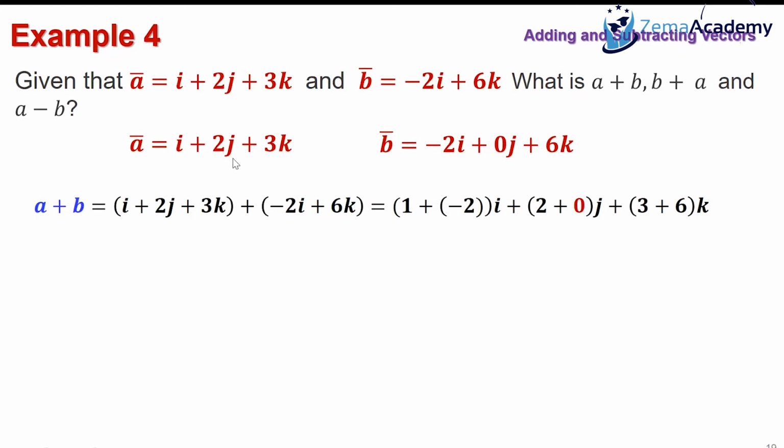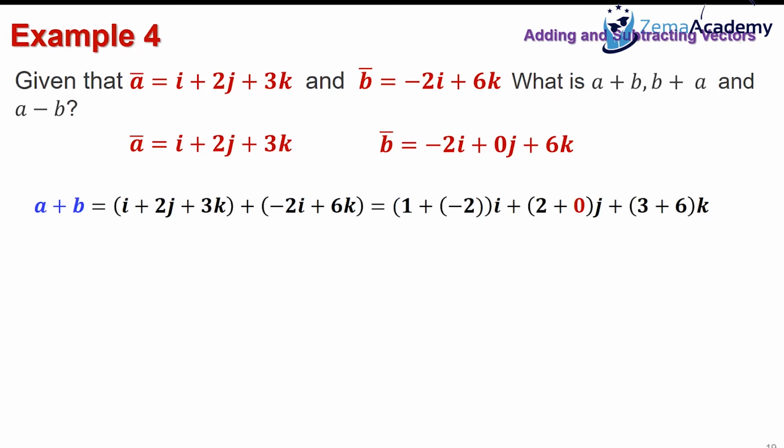Similarly, I will take the directional component in the y direction, which is 2 plus 0. Here I could have written 2j directly, but I get emails from students asking how I did this, so this is the reason I am writing it out here.